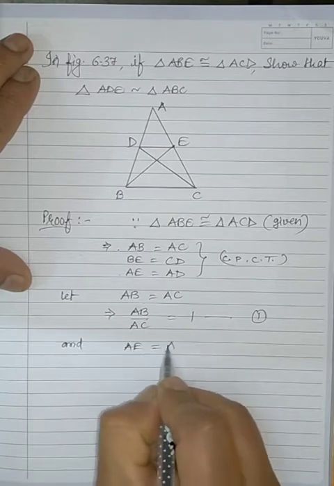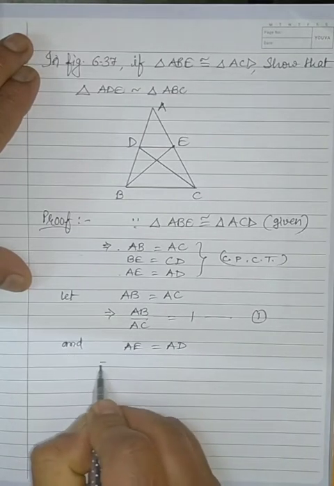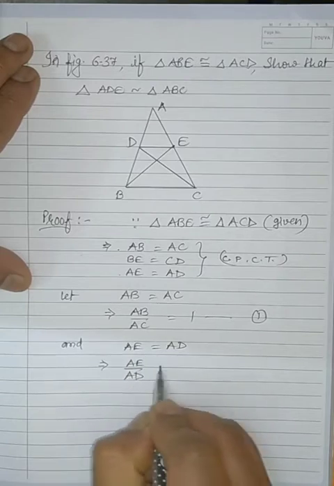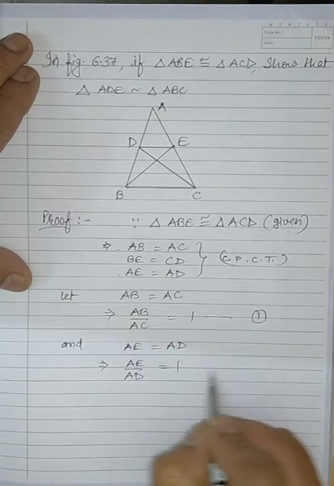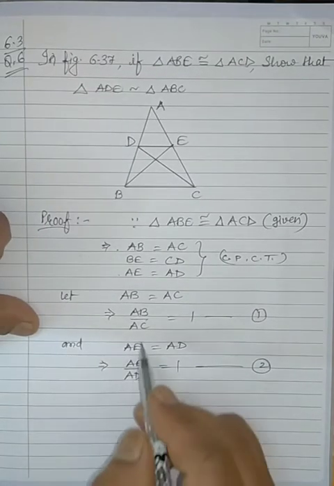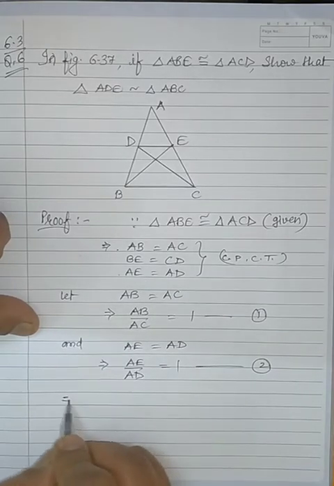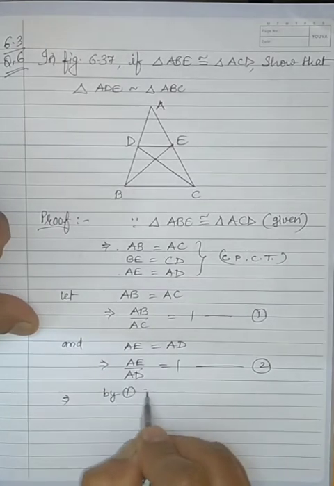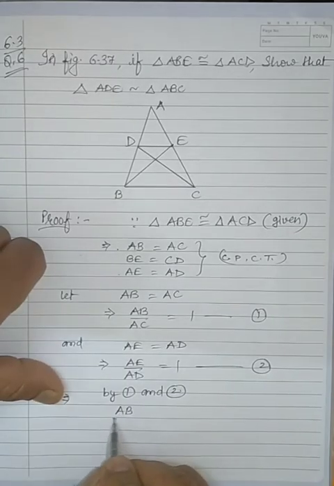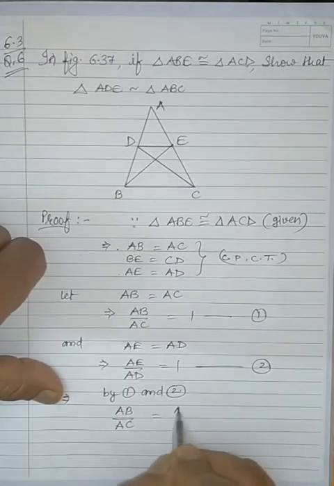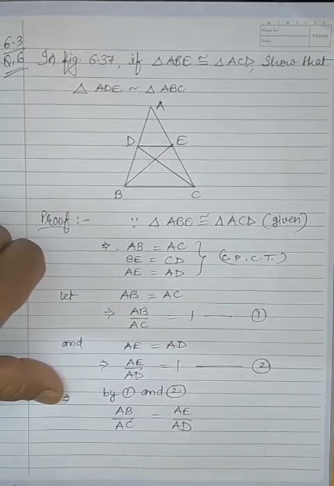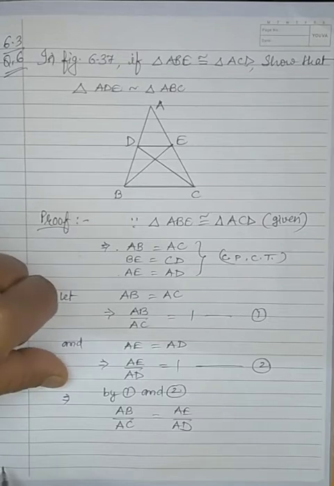AE is equal to AD. That implies AE upon AD is also equal to 1. Let this be 2. Now since both the ratios are equal to 1, by 1 and 2, AB upon AC is equal to AE upon AD.